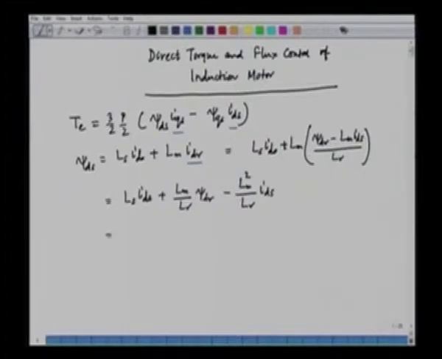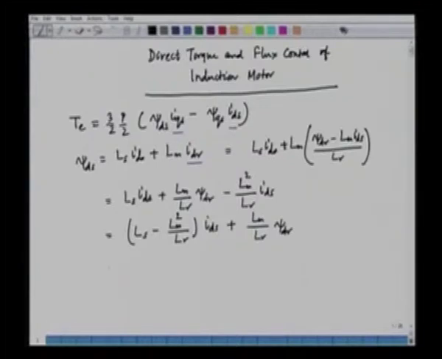If we simplify this, we can take this ids common here, (Ls minus Lm square by Lr) into ids plus Lm by Lr into psi dr. So this is the expression for psi ds.